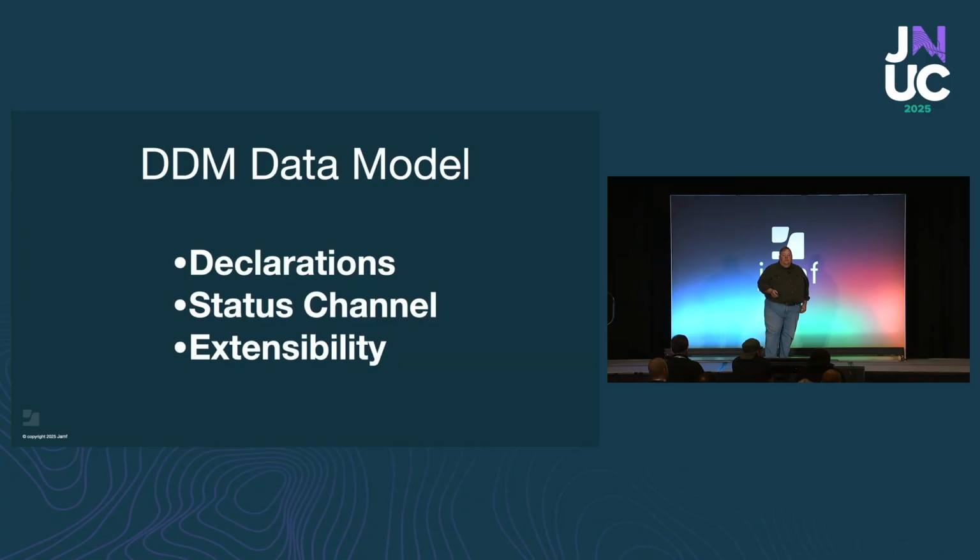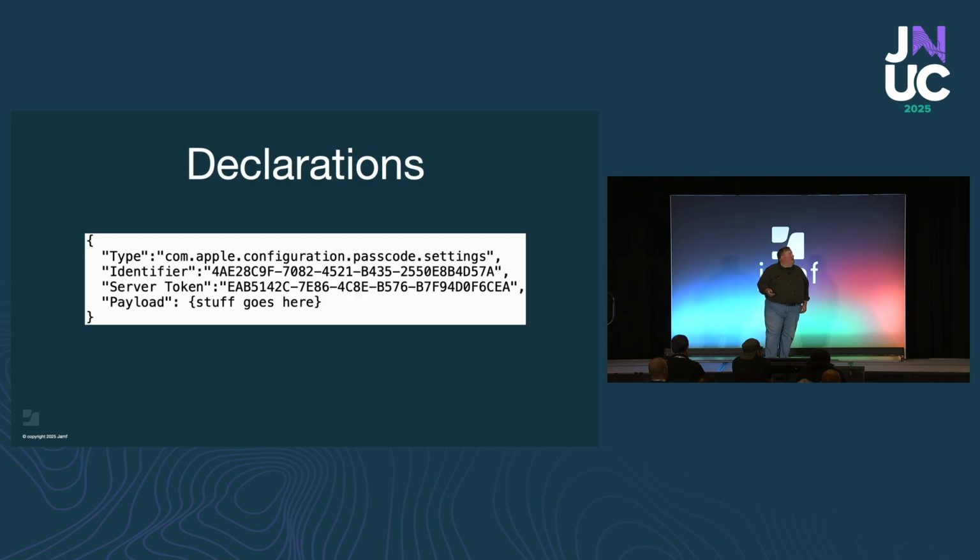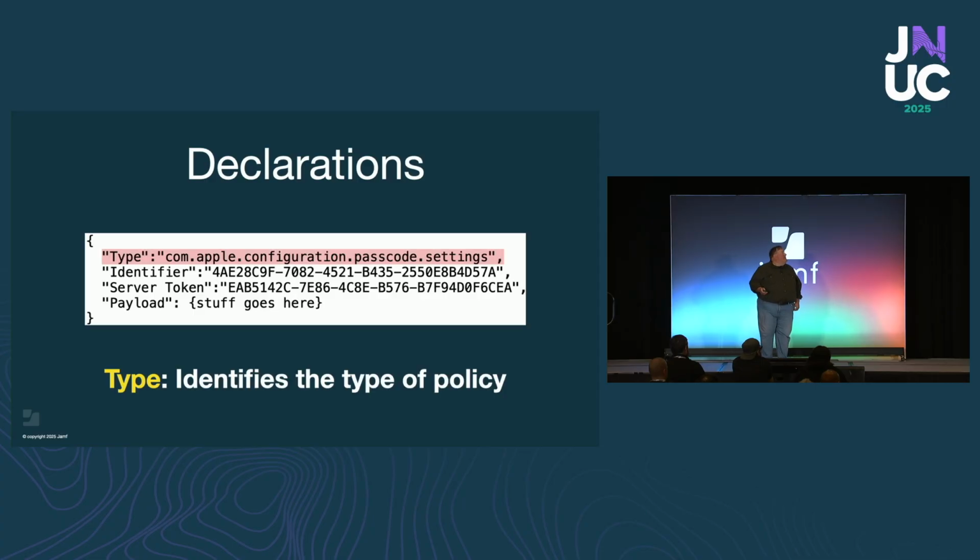So like MDM, DDM uses a structured data model. So let's take a look at what it looks like, starting with declarations. So declarations are the policies sent to a device, and they have a structure that looks like this. And surprise, this is now JSON in place of the earlier XML. So type identifies the policy that the declaration is using.